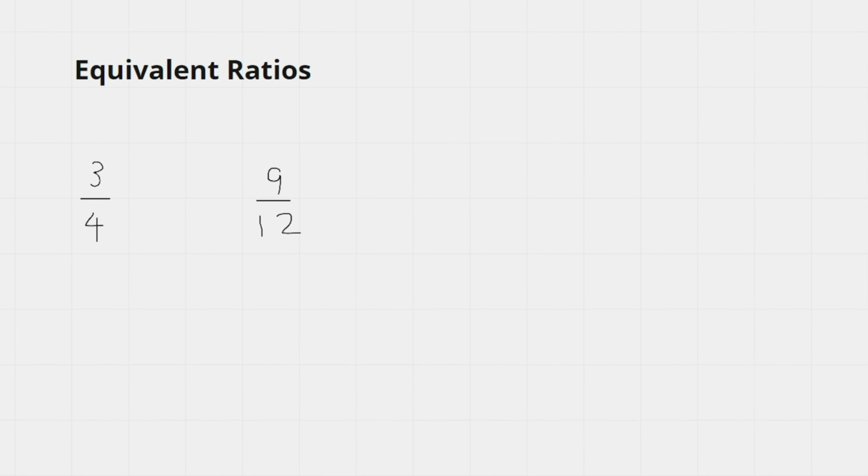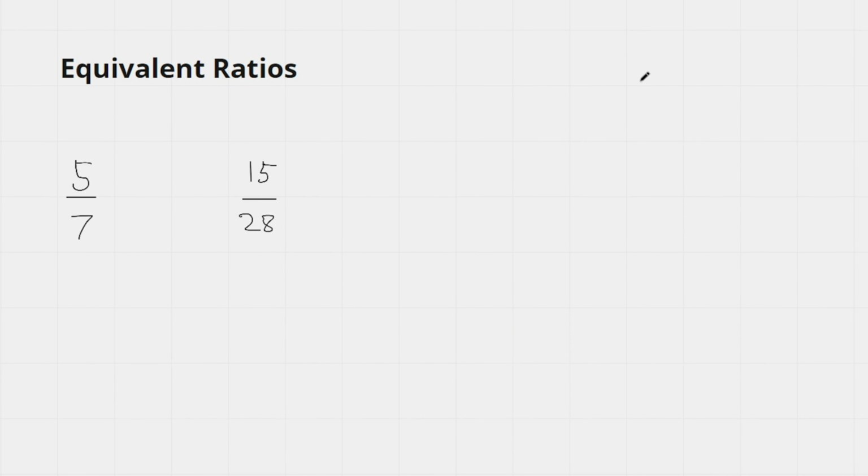In this example, you can see that 3 times 3 equals 9 and 4 times 3 is equal to 12. So this is an equivalent ratio because both numbers, 3 and 4, multiplied by 3 give the other ratio.